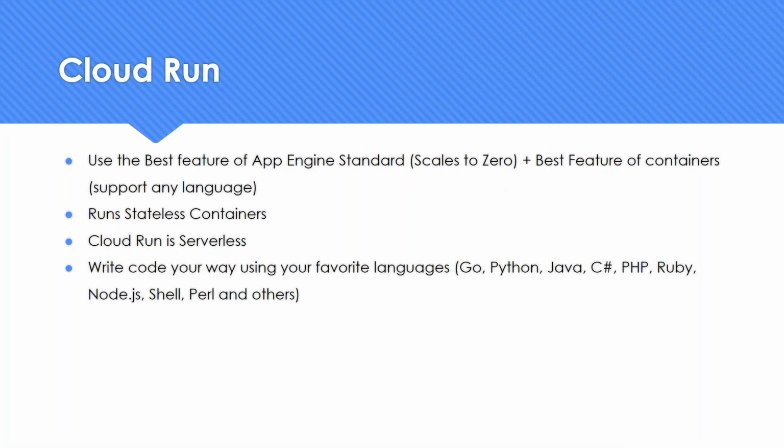App Engine Flexible. What is the best part of App Engine Flexible? Bring any runtime. I'm going to deploy it in a platform as a service. That was the best feature. But what were the drawbacks of it? It was taking a longer time to deploy. That slowness was there.